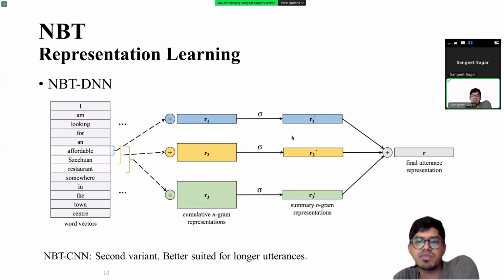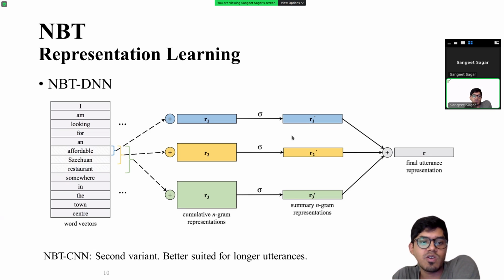So in this paper, the model uses pre-trained vectors to encode words into vectors that express semantic similarity.